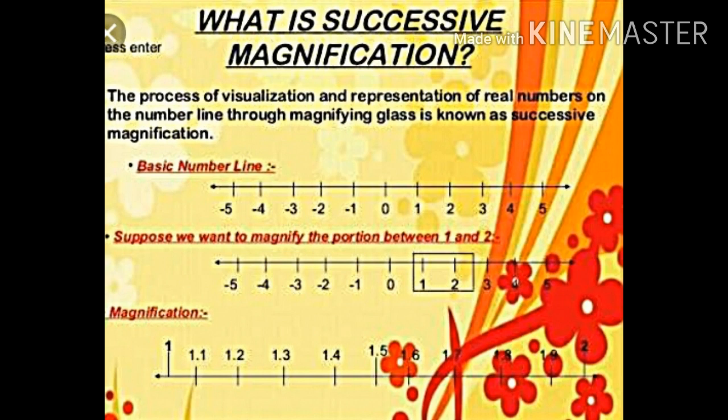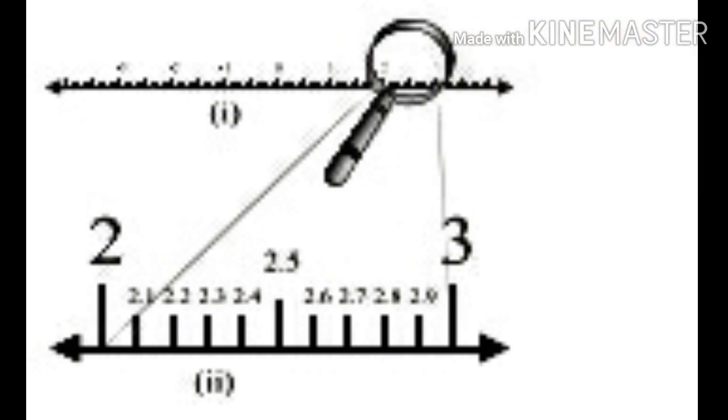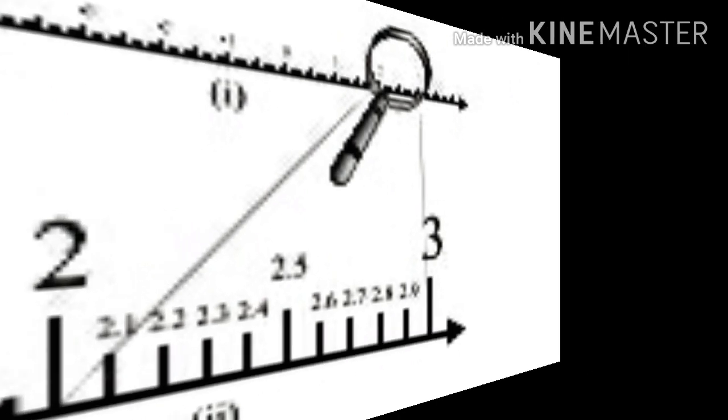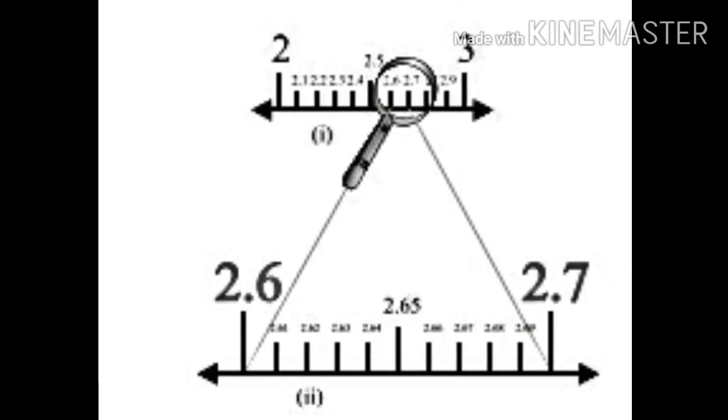Let us see how. Suppose we want to locate 2.665 on the number line. We know that this lies between 2 and 3. So let us look closely at the portion of the number line between 2 and 3. Suppose we divide this into 10 equal parts and mark each point of division as in the figure.